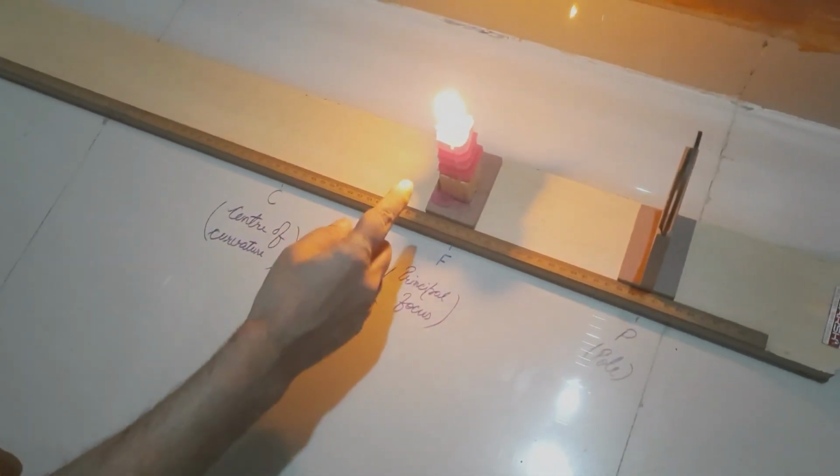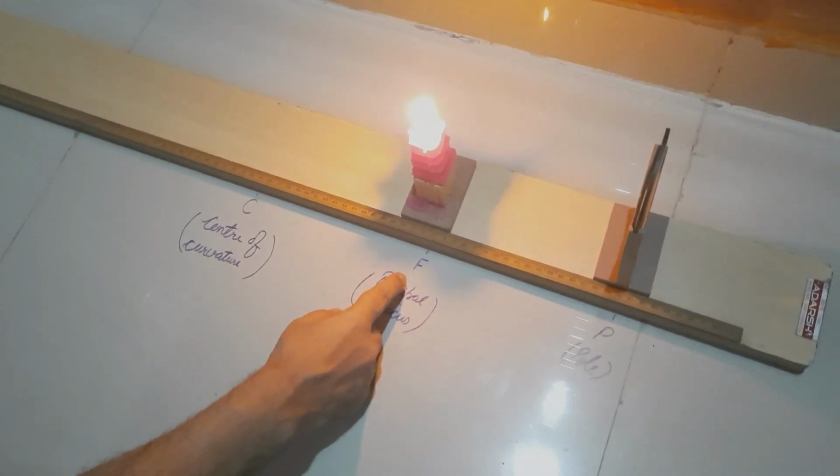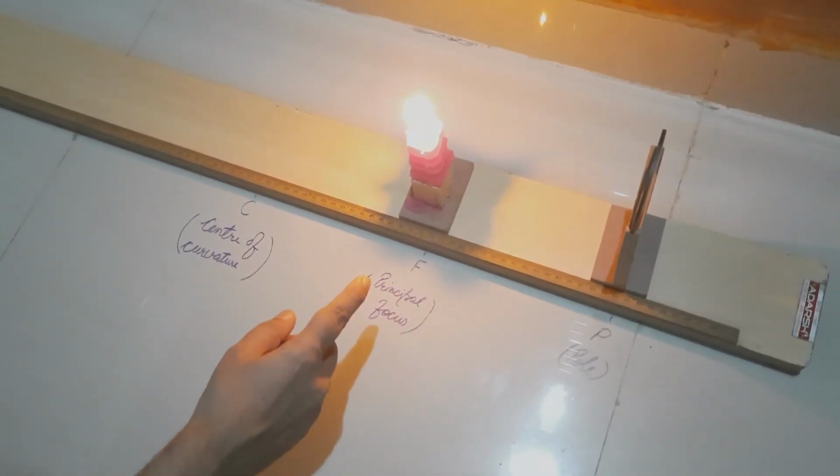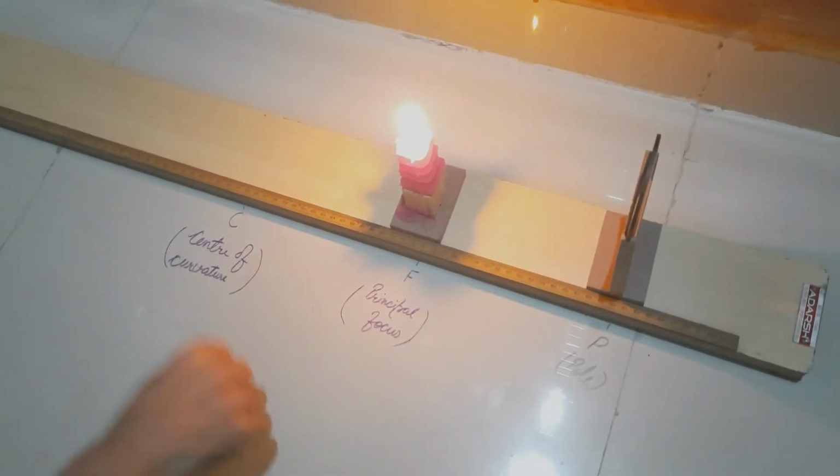I have now placed this candle at the principal focus. According to this scenario, the image will be formed at infinity. Let us see. I have used this bigger chart as a screen here because the image is formed at infinity, which is out of the scale of the optical bench.